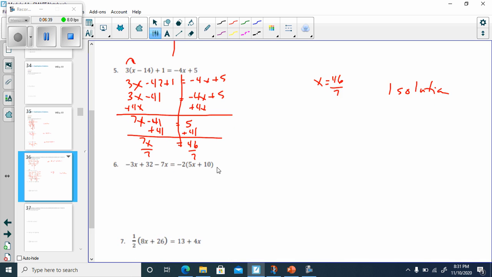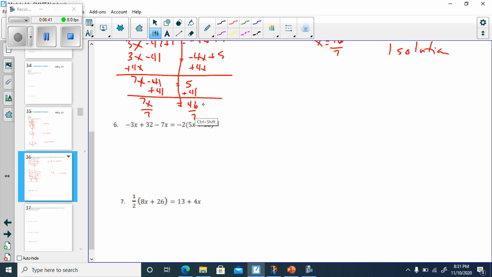I just need to know that if there's one solution, that solution is 46 sevenths. Okay, let's look at number 6. Let's simplify this one. I'm going to collect like terms. I've got negative 10x plus 32 is equal to negative 2 times 5, which is negative 10x, and negative 2 times 10, which is negative 20. Notice your coefficient is the same on each one of these.